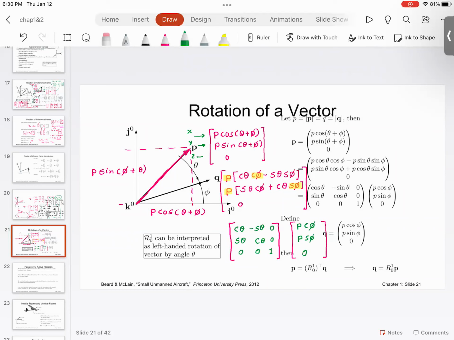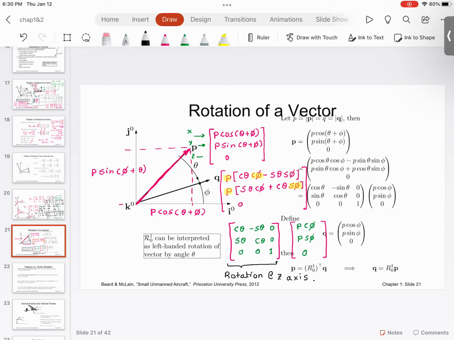And believe it or not, this is the rotation about the z axis.